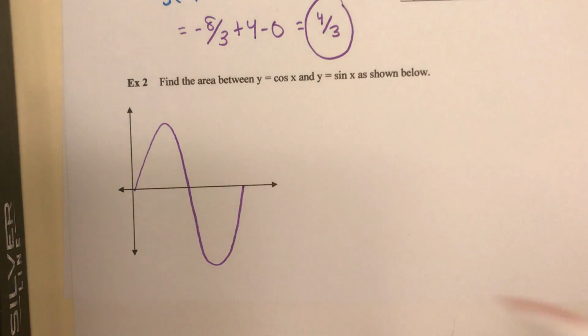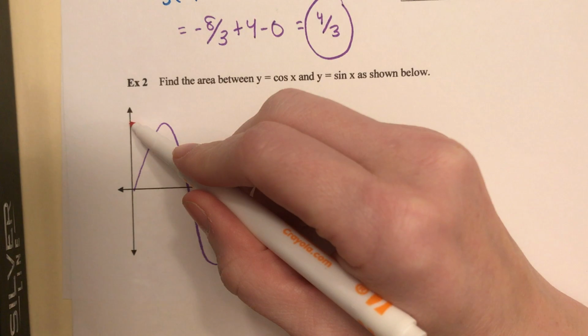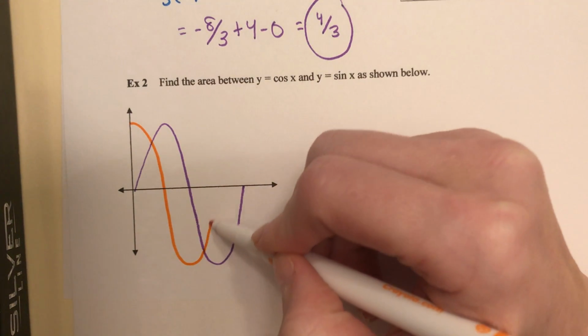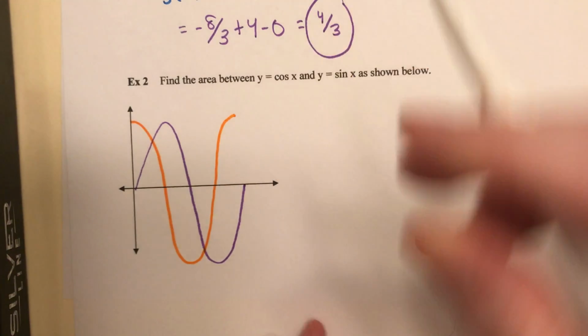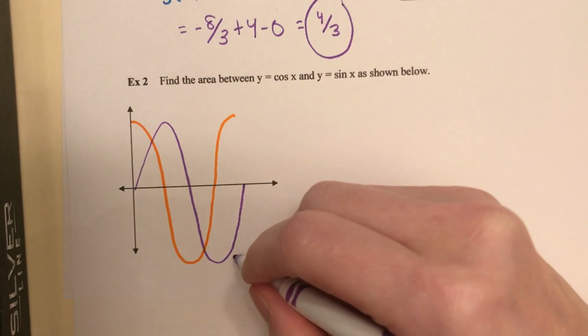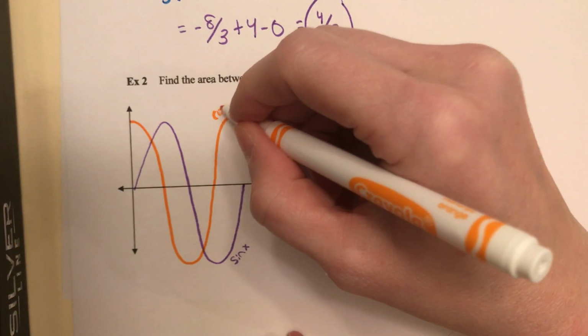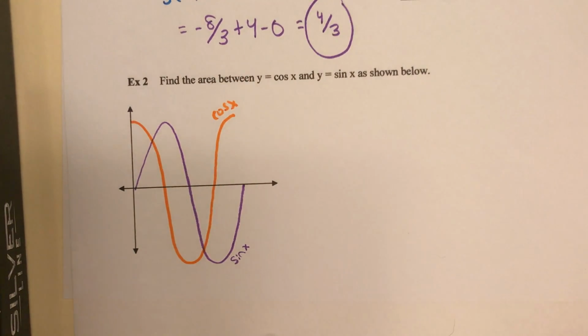And then let's draw one period of the cosine curve. So I'll do a quick labeling here. So we have the sine and we have cosine. And we're going to find the area of the region between those two curves.